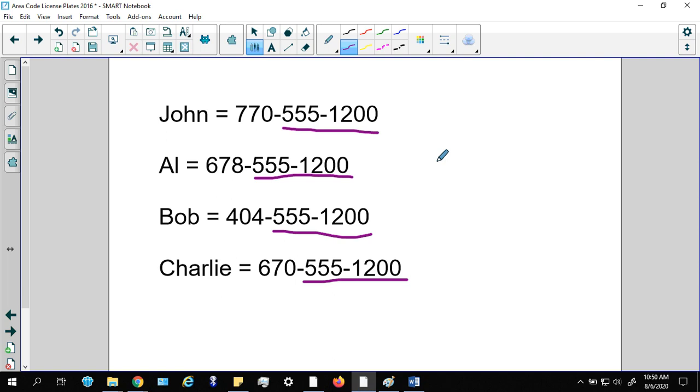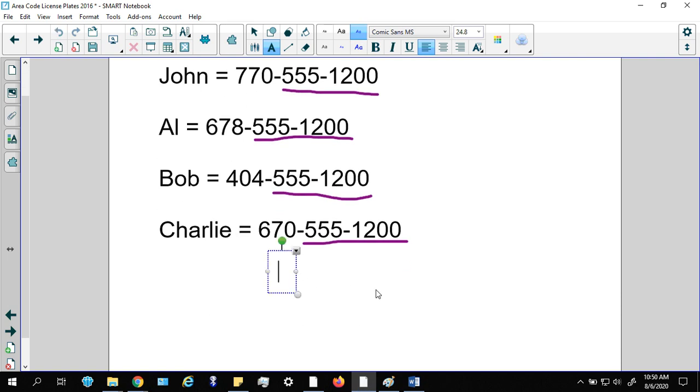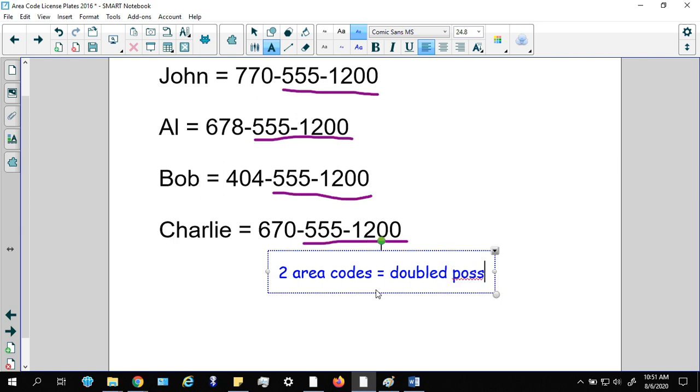Now, with an area code, a phone number could be used more times. So, for example, make this connection: if you have 2 area codes, that means the possible phone numbers get doubled. So you have double the possibilities.